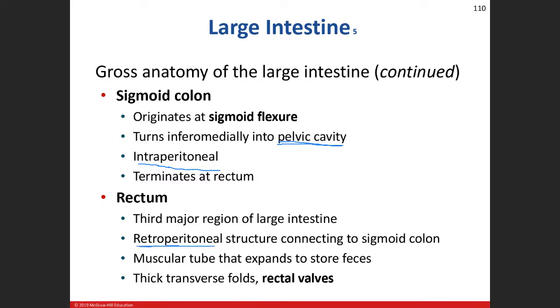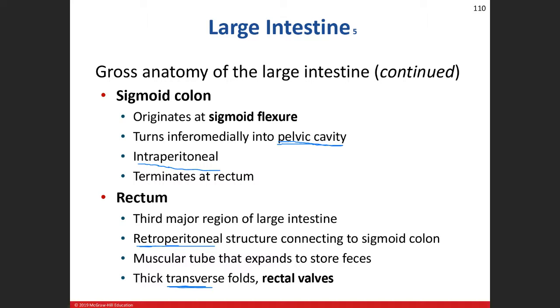This is where we're going to store our feces, and when we build up enough of it, we'll excrete the feces out through the anus. Inside the rectum, when we talked about this in lab, we have these transverse folds called the rectal valves. That gives almost a segmented configuration to the feces during the excretion process.